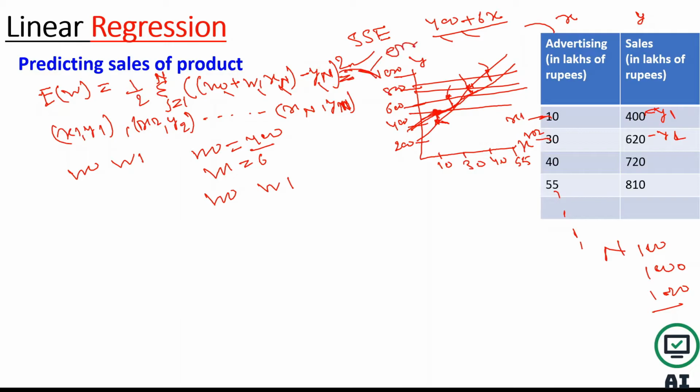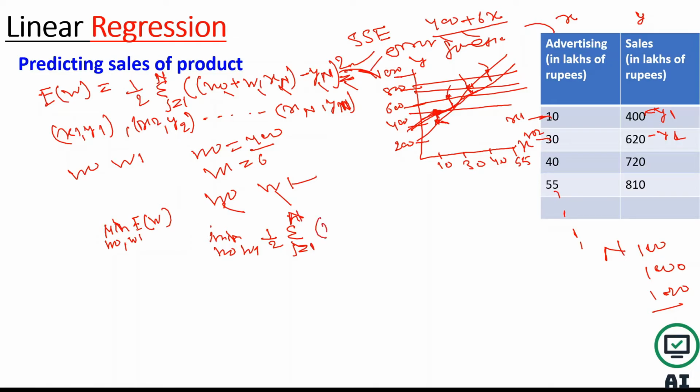So what we have to do is minimize E(W) over W0 and W1, which is nothing but to minimize over W0, W1 half summation i equal to 1 to capital N, (W0 plus W1 xn minus yn) whole square. So this is the equation.